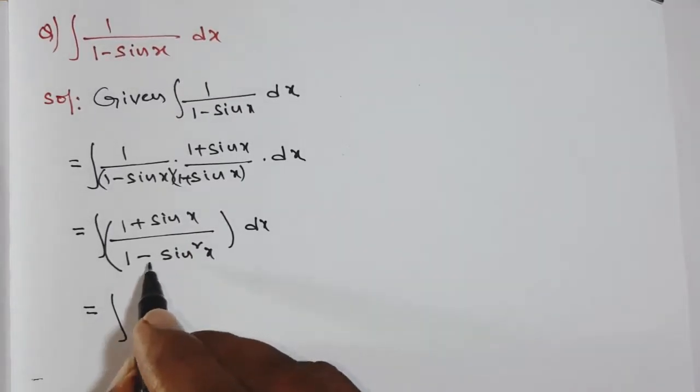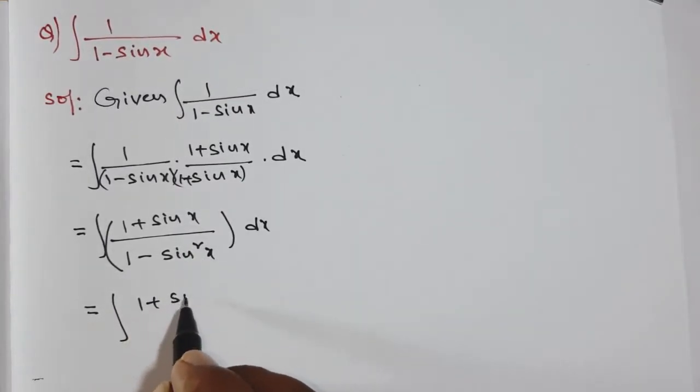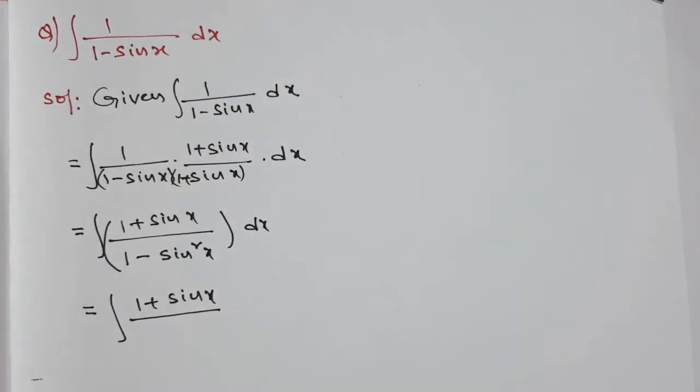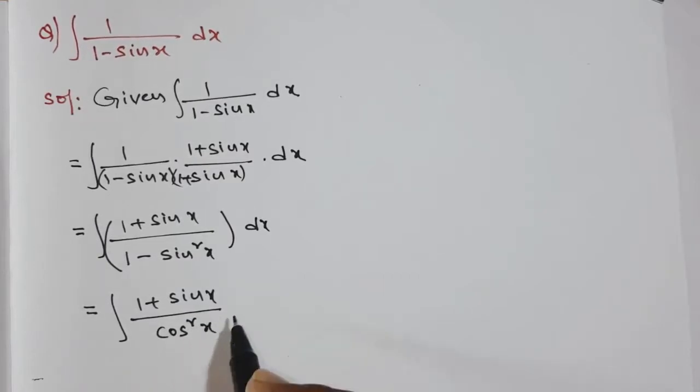Next, we use the trigonometric identity, sin square x plus cos square x equals 1. Then 1 minus sin square x is cos square x.